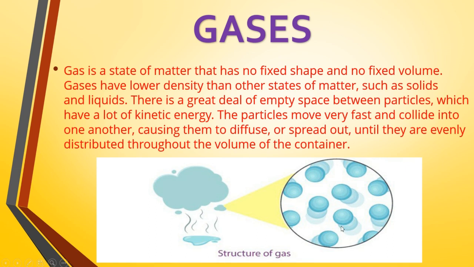The oxygen present in the cylinder has no fixed shape, because the oxygen molecules simply move from one end of the cylinder to the other, and they also have no fixed volume.